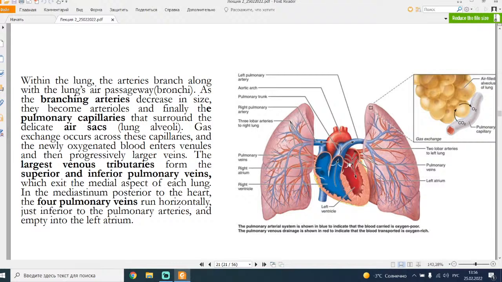The 4 pulmonary veins run horizontally just inferior to the pulmonary arteries and empty into the left atrium of the heart. This is the left atrium. Pulmonary veins: 1, 2, 3, 4.